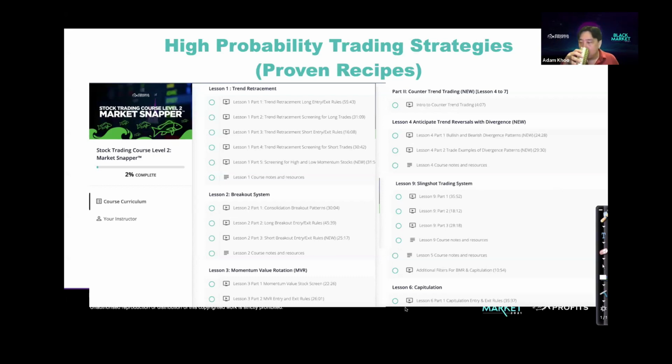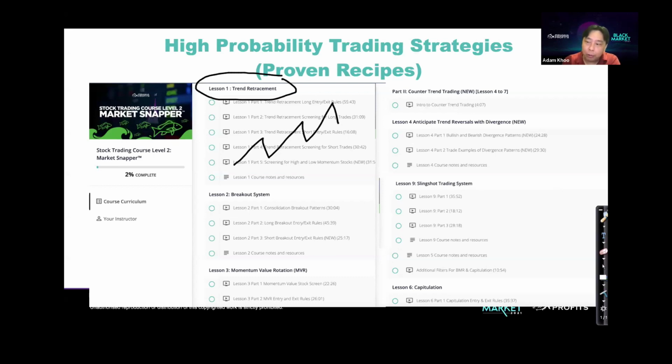So, for example, the first one is called the trend retracement strategy. This strategy is used when the stock is on a clear trend, which is what I showed you just now, right? Wave up, wave down, wave up, wave down.